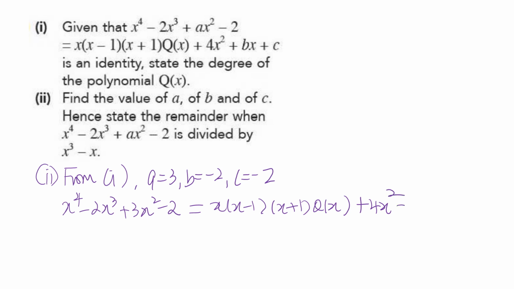The value of b is negative 2, c is also negative 2. So I think we can see if you can simplify this. This will be your a minus b. This will be your a plus b. So that gives you a squared minus b squared. So these two terms here, when you expand it, you get x squared minus 1.